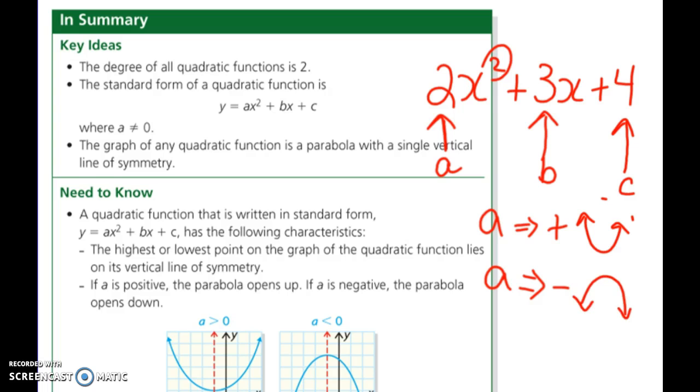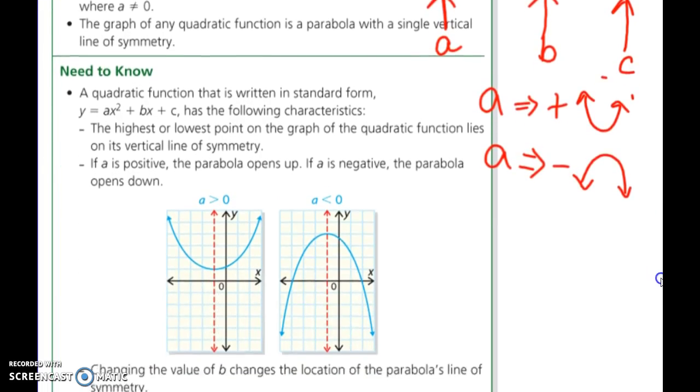So the parabola opens down. So the A value shows you which way your parabola opens, whether it opens down, if it's negative, or up, if it's positive. The B value shows you where your line of symmetry is.